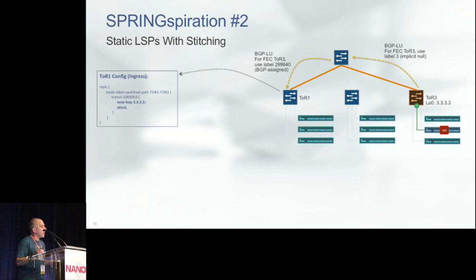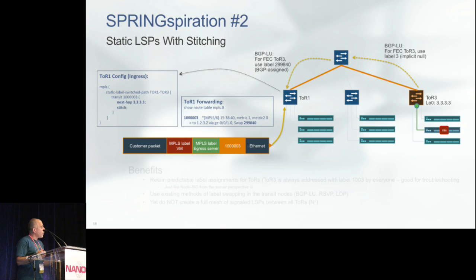In this case, the label path that's available to me came from BGP labeled unicast, and it has a label of something there, which I don't really care about, because this config caused this forwarding state to get installed in top of rack 1. This forwarding state pretty much says incoming label 1,000,003 gets swapped to label 299 something something, which came from BGP labeled unicast.